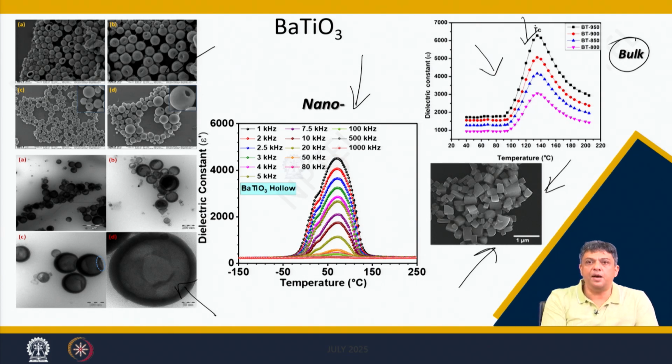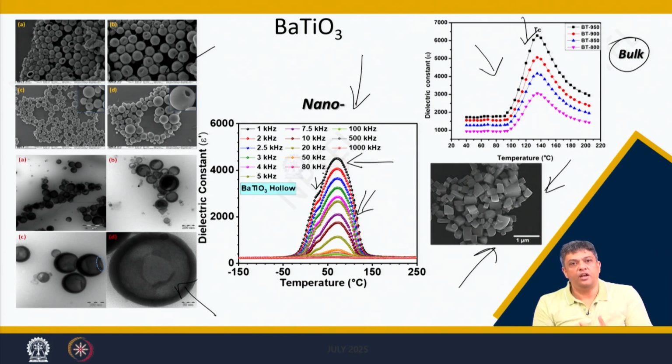Here you were getting a peak at 130 degrees, but here you are just not seeing 130 degree peak, that peak is shifted to around 50 to 60 degrees, but the peak at around 5 degrees is more prominent than that observed in bulk, and the one at around minus 90 is also quite insignificant, but if you zoom it you will find there is an evidence of structural reorientation at minus 90 also, and it does not show any frequency dependence.